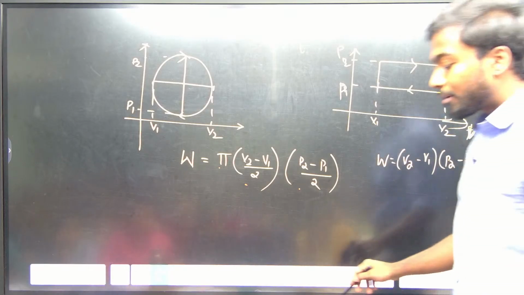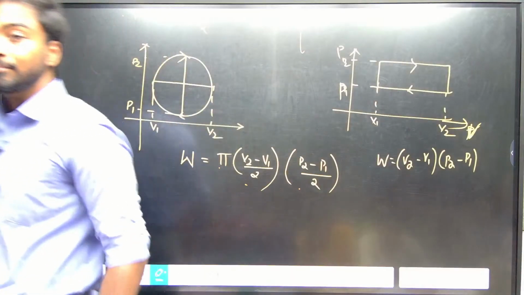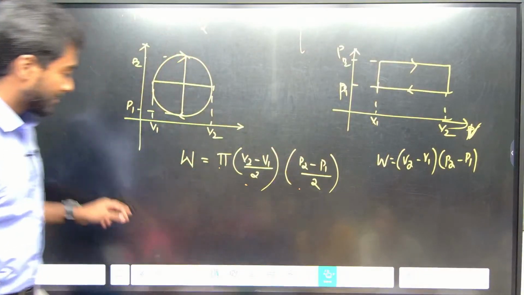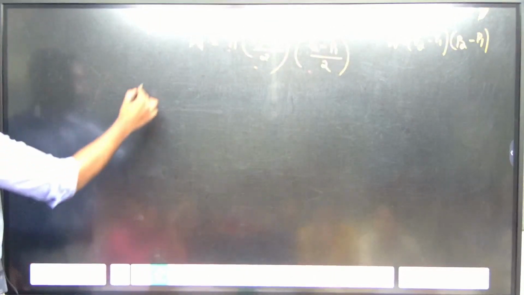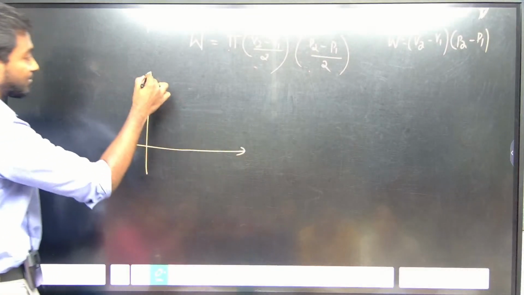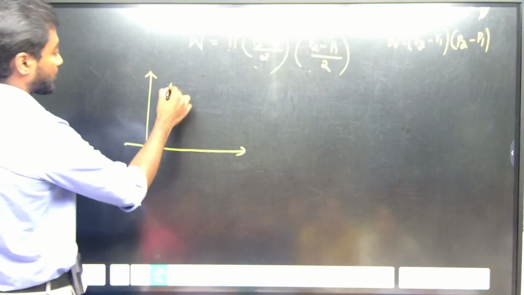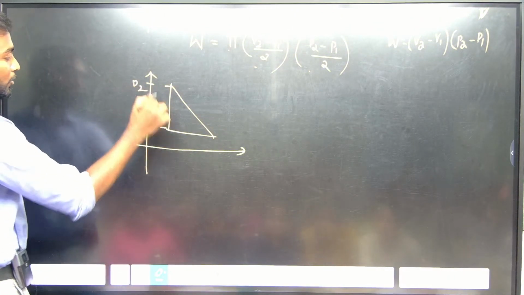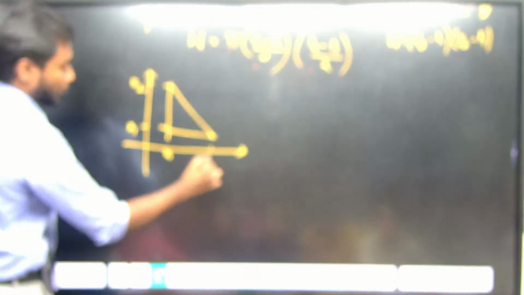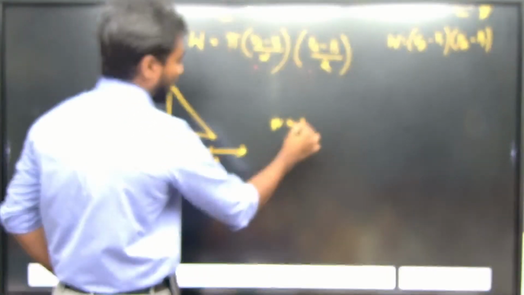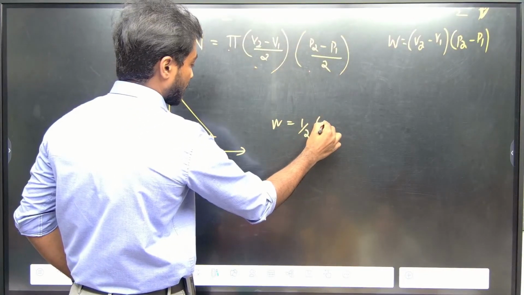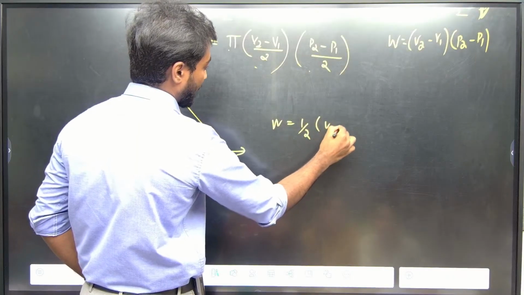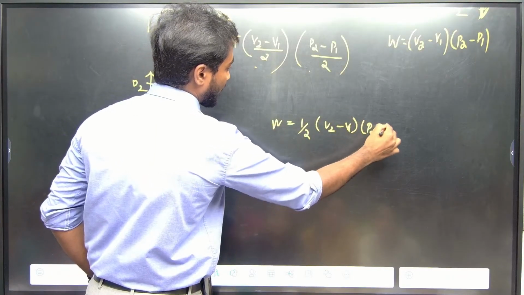And what will be the triangle? For the triangle, in terms of pressure and volume, this is P1, P2, V1, V2. So the work done will be half of V2 minus V1 into P2 minus P1.